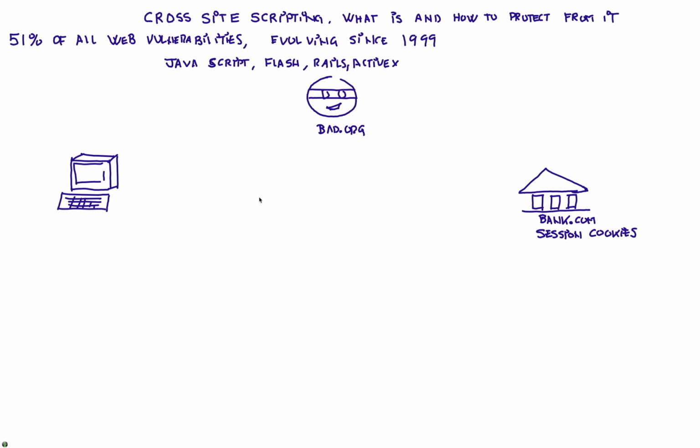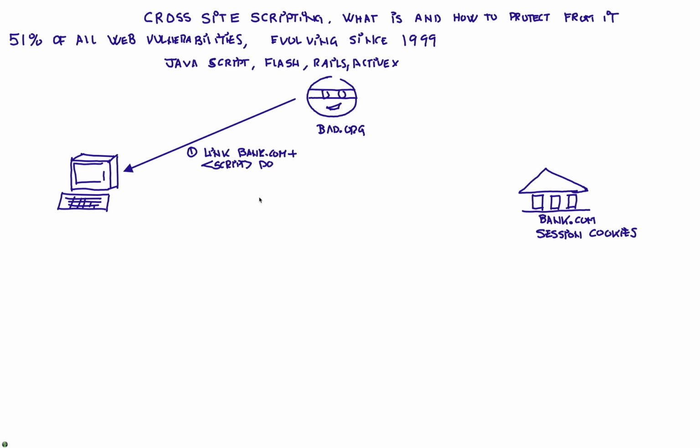So what the bad guy does is, this attack starts by the bad guy sending you, for example, and this is just an example to illustrate the case, a link to bank.com plus some sort of script code. Okay?